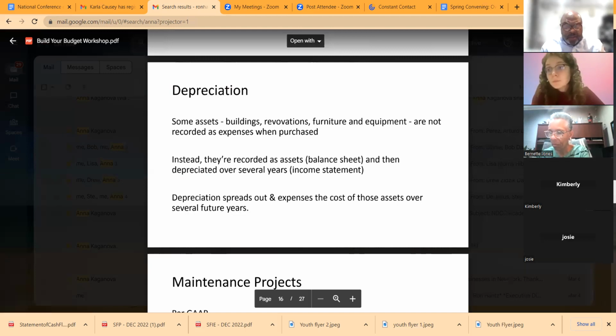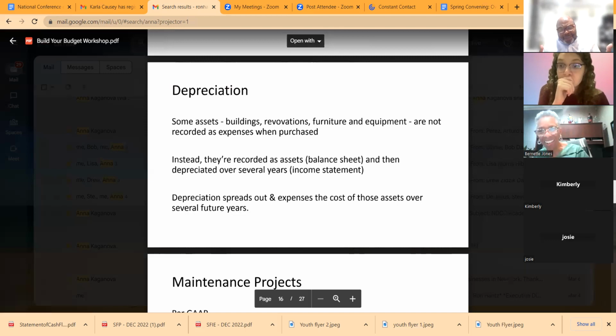So depreciation just spreads out and expenses the cost of those assets over several future years. How do I put this? It's a numbers game. Yeah, that's well said.